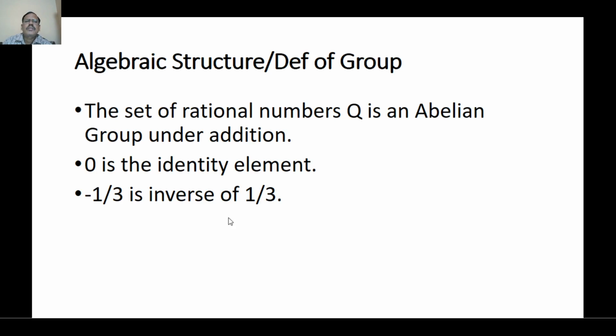So each and every element has its own inverse. Therefore it is an abelian group under addition, and it also satisfies the commutative property: a plus b is equal to b plus a. So therefore the set of all integers and the set of all rational numbers, these two number systems, are abelian groups under addition.